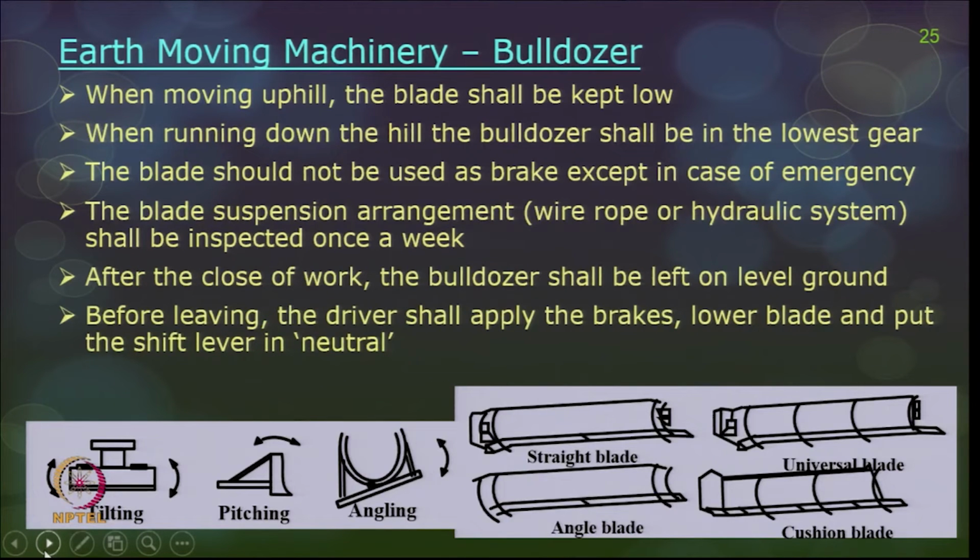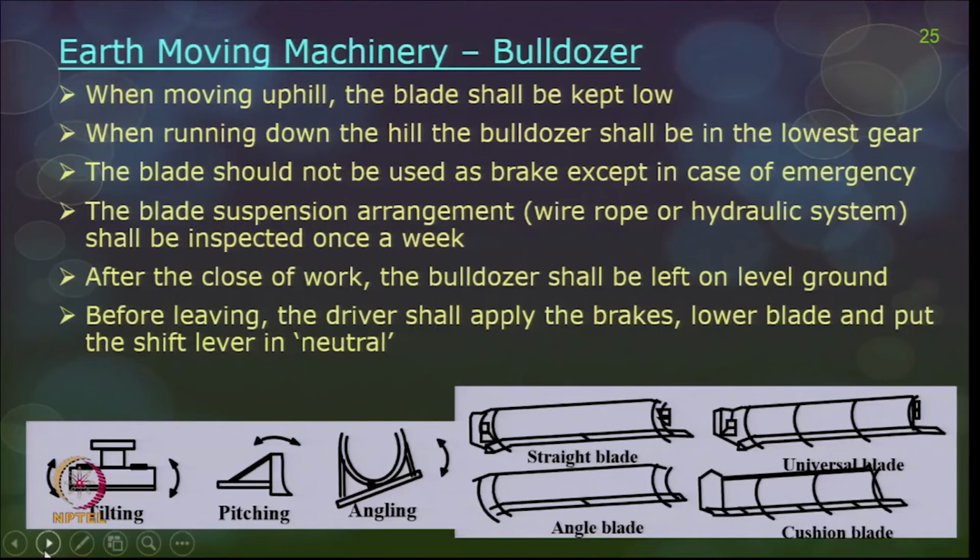Now, next is bulldozer. Bulldozers have several types of blades, for example straight blade, angle blade, universal blade, cushion C blade, and a lot of other blades available. You have tilting, pitching and angling movement. Tilting is the blade moving along these two directions, and pitching is the blade moving along a curve.